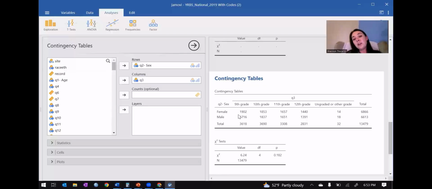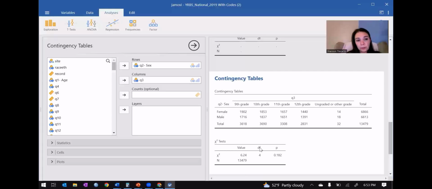Now, if you want to know how many females and males are in 9th grade, you would look at this column right here. Total, there's 3,618. And there's 1,902 that are female and 1,716 that are male. This is not something we're going to interpret right now. We'll talk about that next semester.